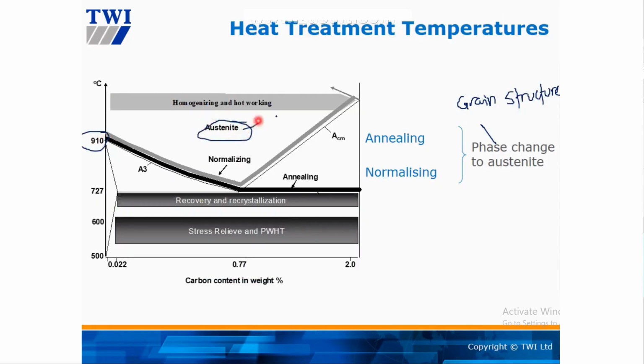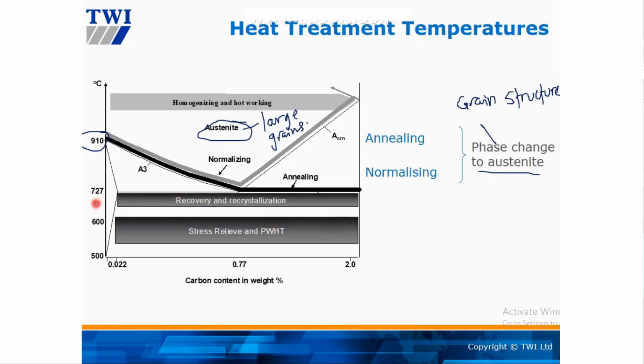Austenite grain means large grain. Because when we heat the material, it starts to expand. When it expands, it will produce large grain. So that's why it says here, phase change to austenite, meaning the grain structure now expands, becomes large, and then they call it austenite.